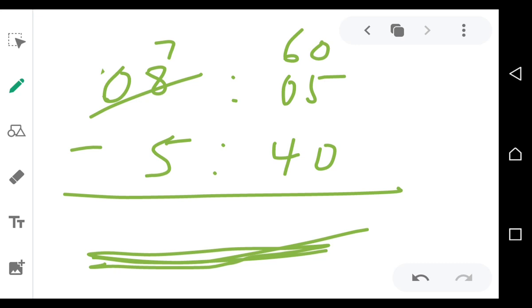So you have 65 minutes minus 40, that gives 25. 7 minus 5 is 2 hours. So it is 0225. That's the time on the other side. You take 1 hour from the hours, so it becomes 7, and 60 minutes plus 5 gives you 65, and then subtract to give you 25.